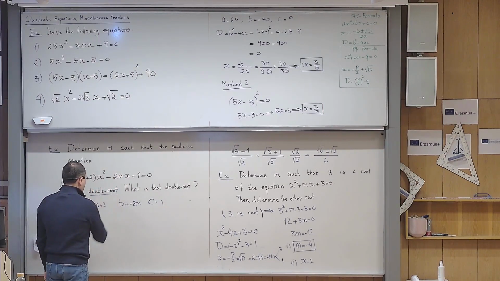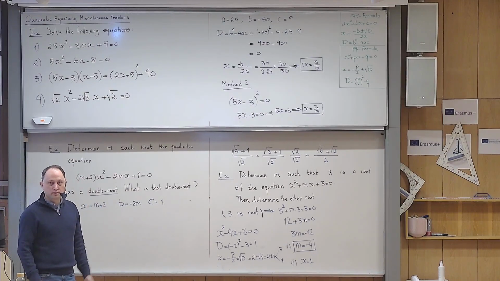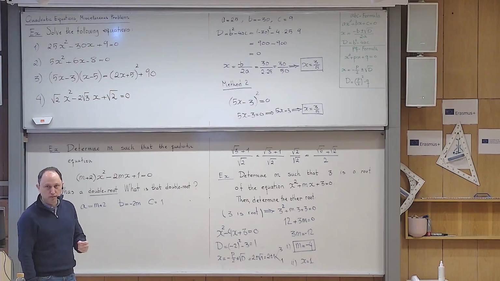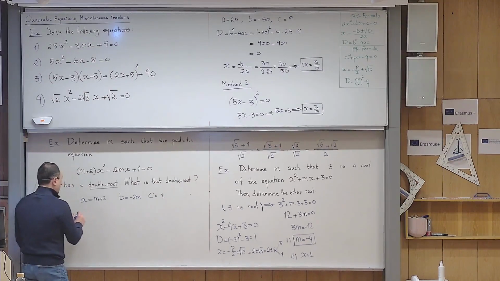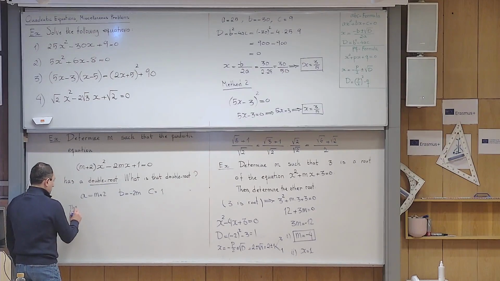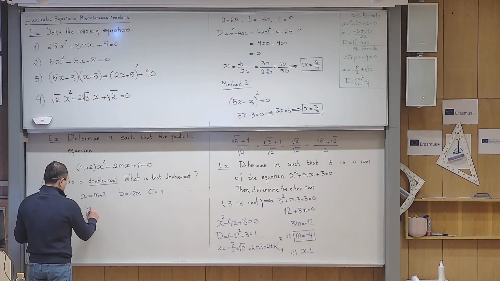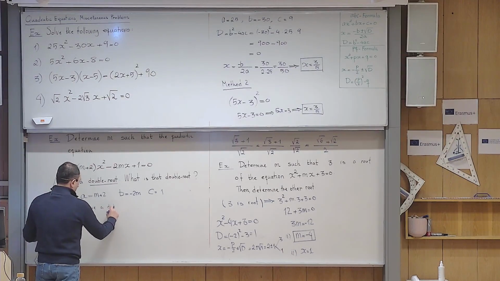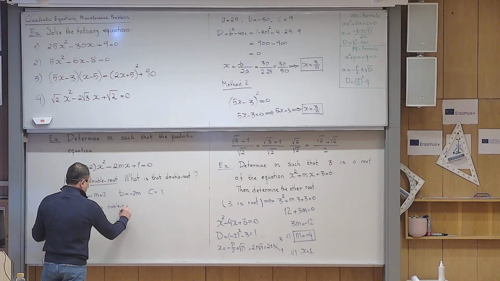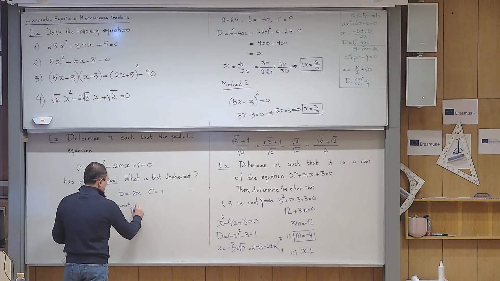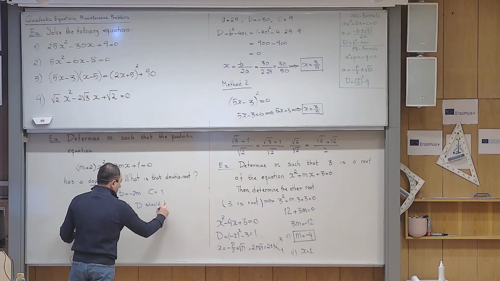What is my demand? My demand is to have a double root. Then you need to ask yourself, when the quadratic equation has a double root, you remember that the discriminant should be 0. So then you say that, okay, to have a double root, D should be 0.